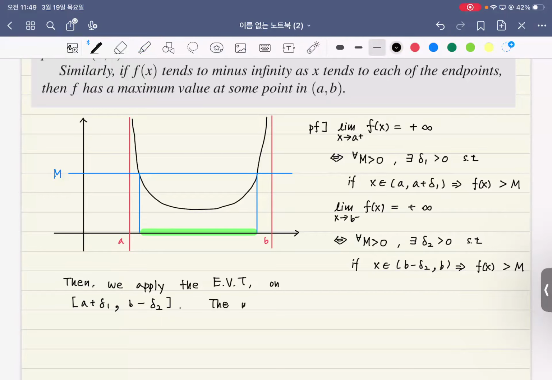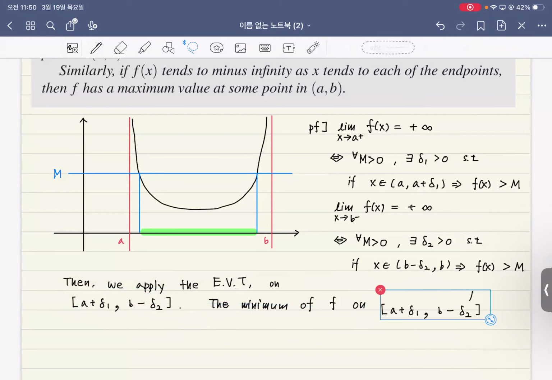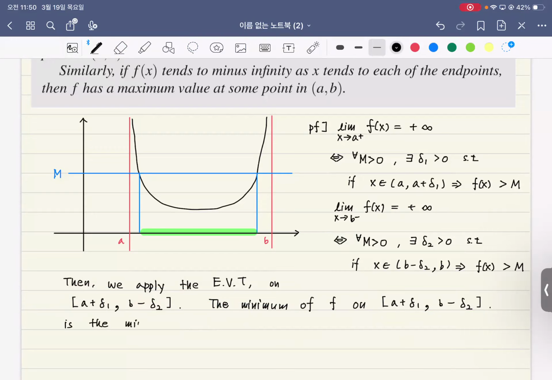The minimum of f on this interval is the minimum on (a, b).